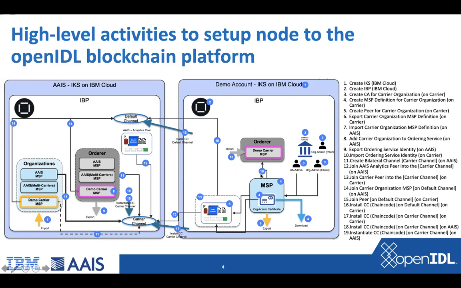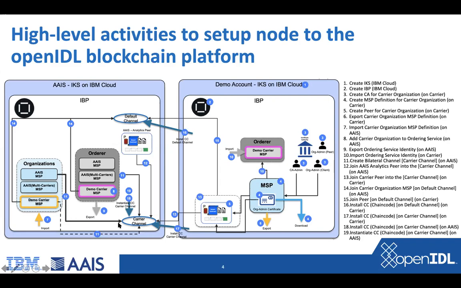And by using the MSP definition that we have created, and the orderer with the definition, we will create a channel, the carrier channel, and we will add the organization MSP definitions to it in order to create the channel.